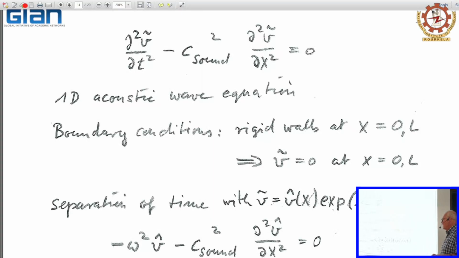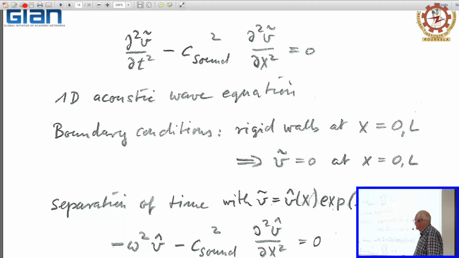Well, why could we do this? Why does this lead to a solution? Here it is pretty obvious. Differentiation of the exponential gives the exponential times i omega, and here we have a second derivative with respect to time. This gives a minus omega squared, and all these functions contain the exponential, so we can cancel this exponential.